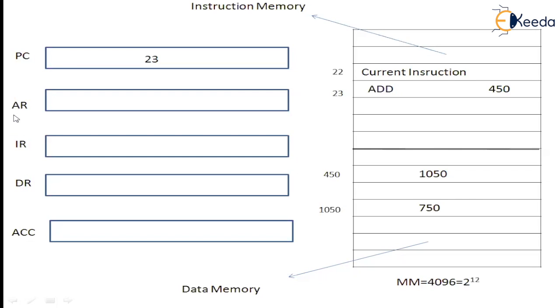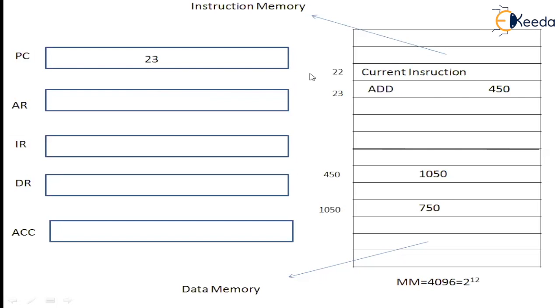When you want to locate an address in the main memory, first of all, that address must be loaded into the address register. For that reason, the first thing to do when you want to get an instruction from the main memory is transferring the contents of the program counter to the address register.